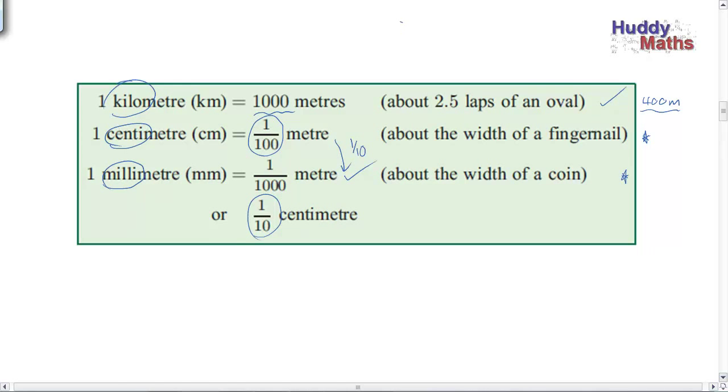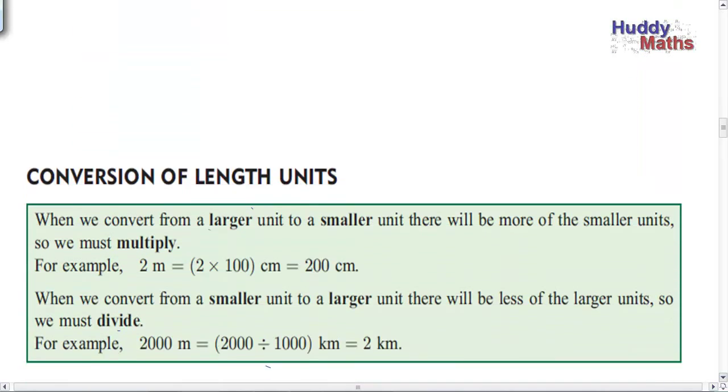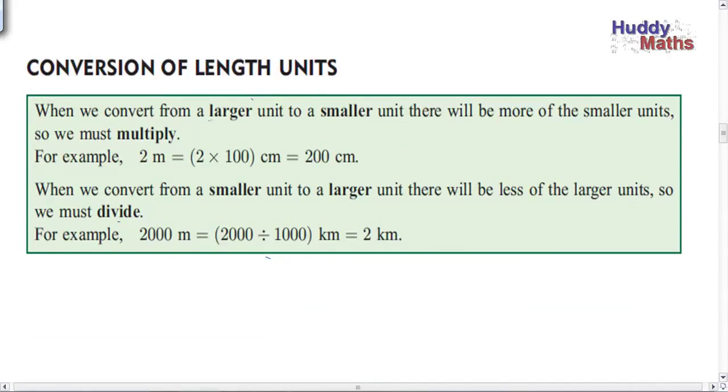Let's come down and look at how we would change from one to another. So if we had a big unit, like a kilometre, and we want to change it to a smaller unit, like a metre, there'll be many more of the smalls, won't there? Because one large contains many smalls. So we want to get a bigger answer, we'll multiply.